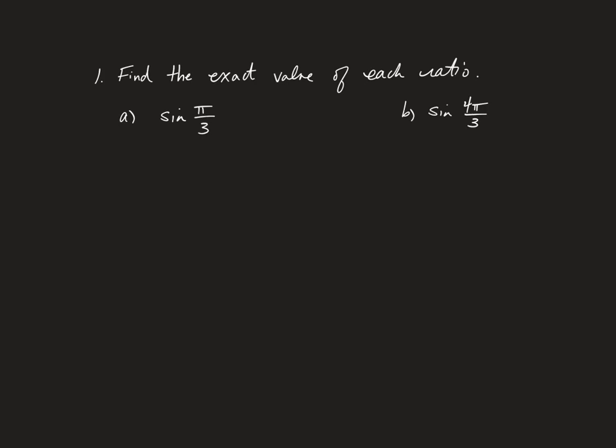What you'll see on the screen right now is a situation where I am asking you to find the exact value of each ratio. What that means is that I would expect you to be able to solve all of these problems where you can get an exact value, and we're going to also deal with some situations where you can't, but any situation where you can, without a calculator.